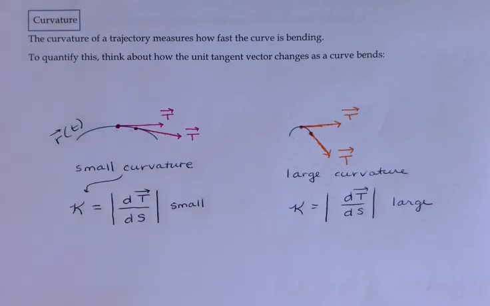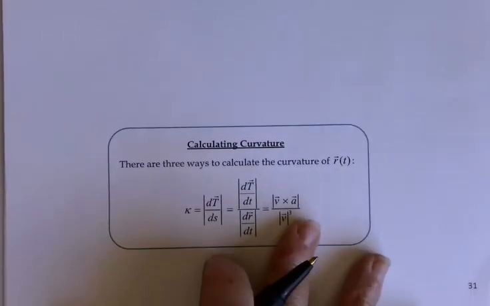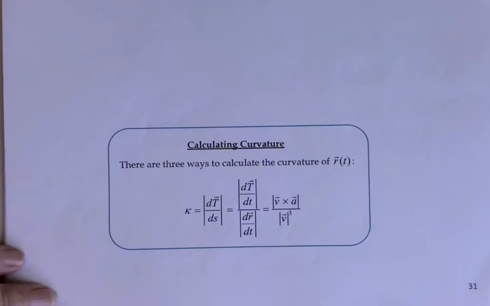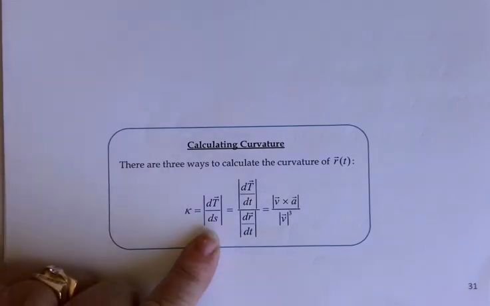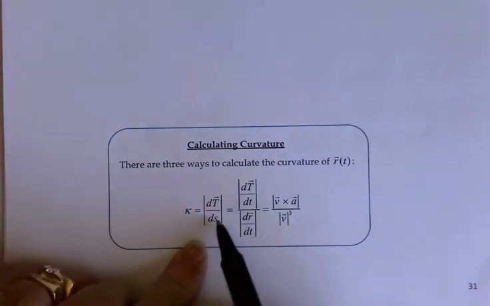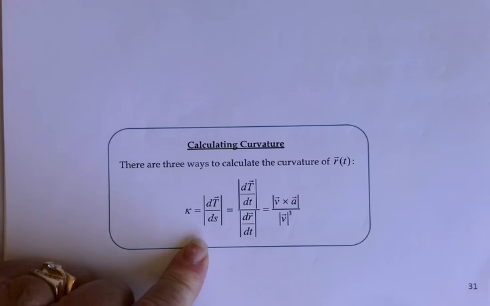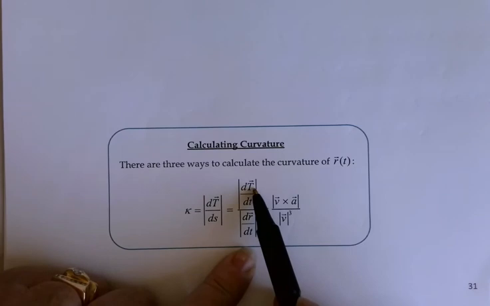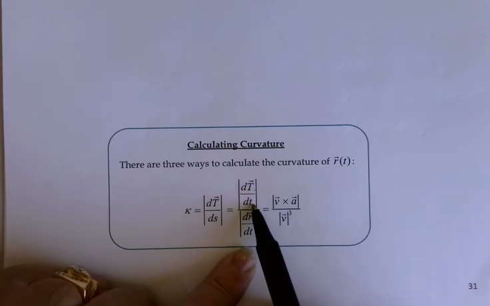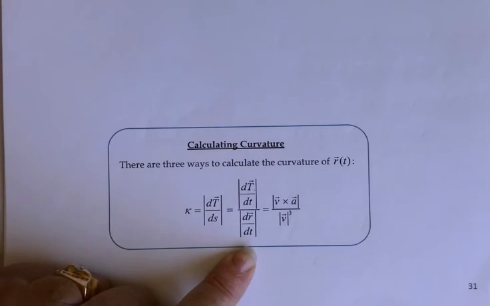So for that reason, I need some alternative formulas. I'm not going to take the time to verify these for you. It is derived in your book, so I would encourage you to look at that. But I'm going to tell you that kappa can also be calculated in two other ways. I can take the derivative of the unit tangent with respect to t, which is better because I usually have things in terms of t, divided by the magnitude of dr/dt.